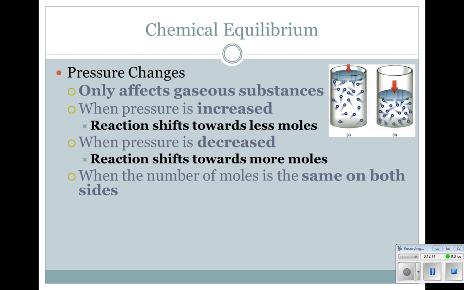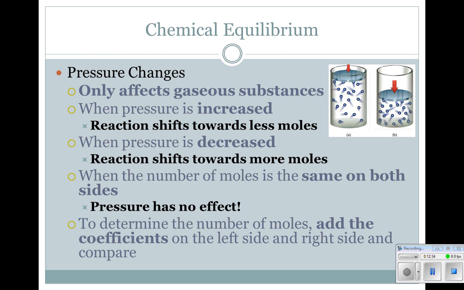If you look at your equation and you have the same number of moles on both sides, is it going to favor either side? No, and therefore the pressure won't affect equilibrium. There would be no shift. So it's like a stress that doesn't affect you. It's going to remain at equilibrium, no shifting.